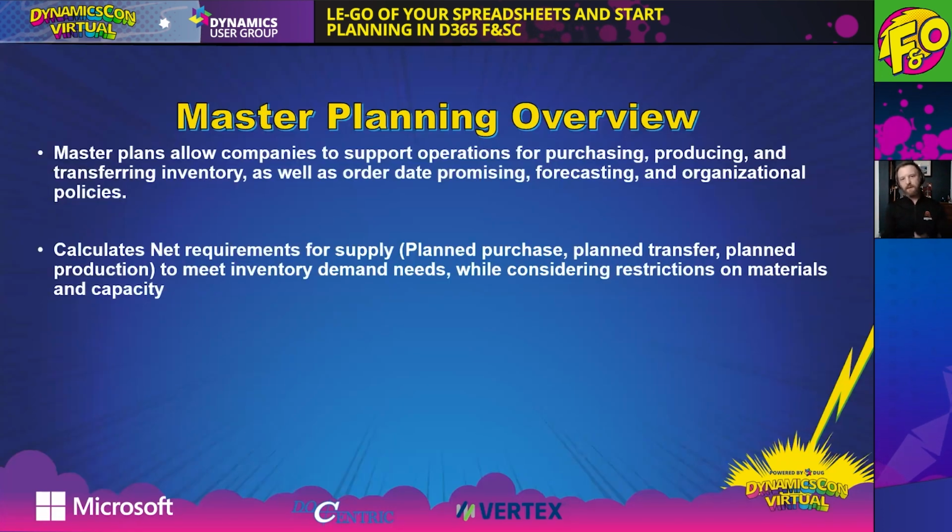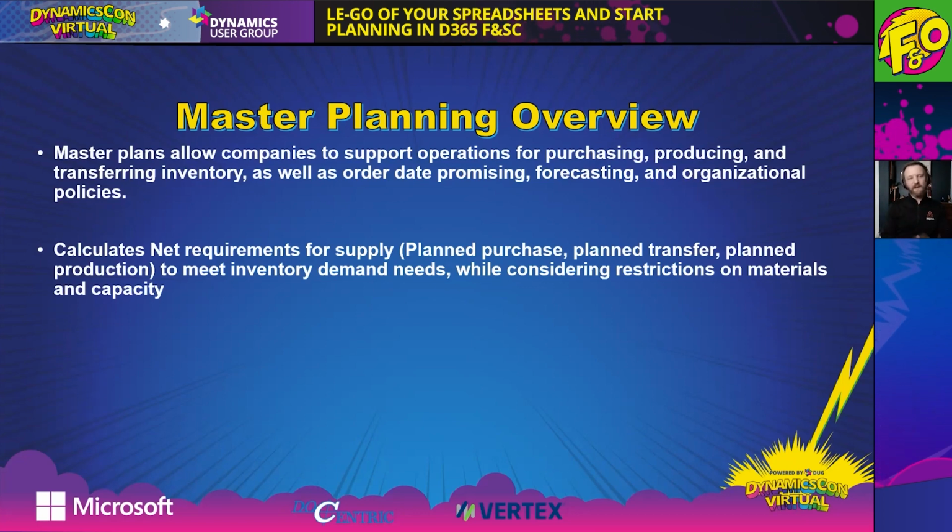Let's take a look now at D365, give a little bit of a master planning overview. What is master planning? You might hear other ERP systems use terms like MRP, master resource scheduling, material requirements planning, production planning, advanced production scheduling.